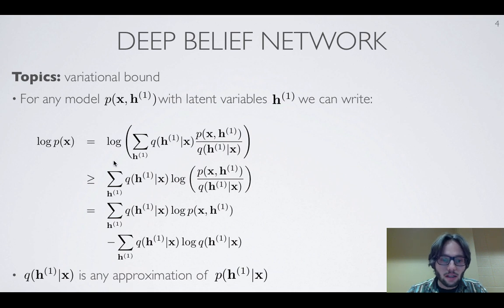And now we're already ready to use the property of concavity of the log function. So by considering those as our weights, and the ratio P of X and H1 divided by Q of H1 given X as our numbers a_i, then we can exploit the concavity of the log by saying that this is greater or equal than the weighted average.